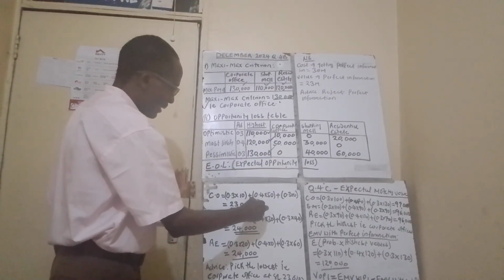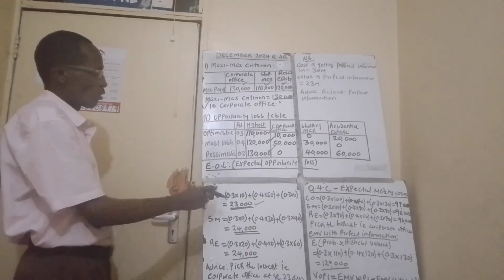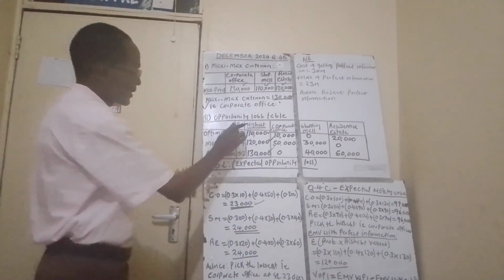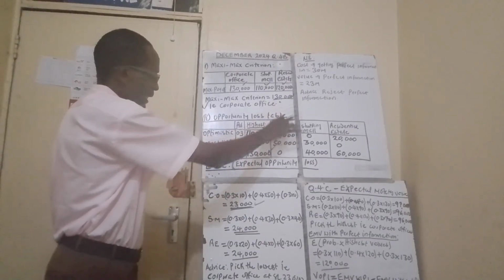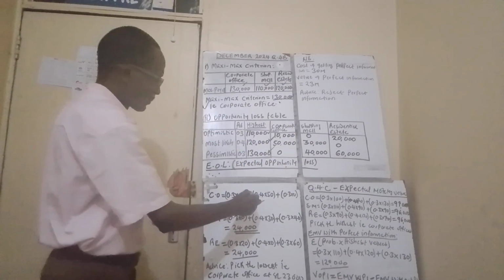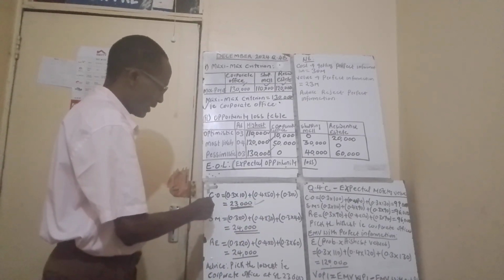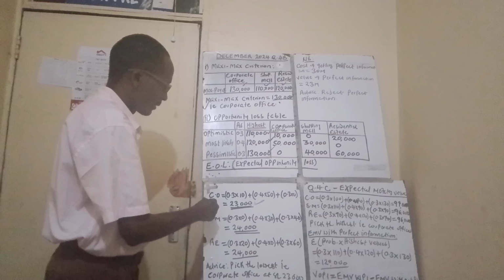If you add them together, you get 23 million. That is for corporate office.